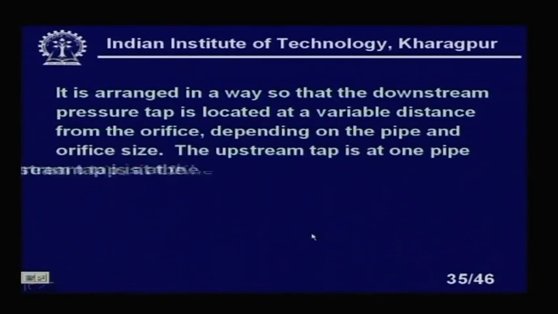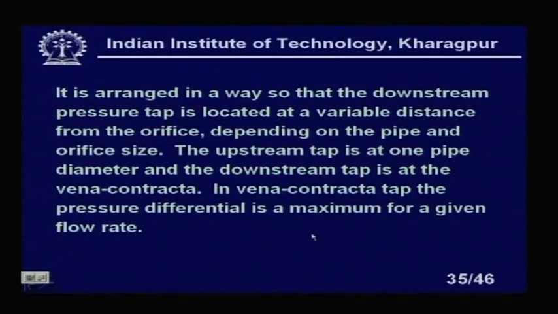The downstream pressure tap is located at a variable distance from the orifice, depending on the pipe and the orifice size. The upstream tap is at 1 pipe diameter and the downstream tap is at the vena contracta. In the vena contracta tap, the pressure differential is a maximum for a given flow rate. This is important.